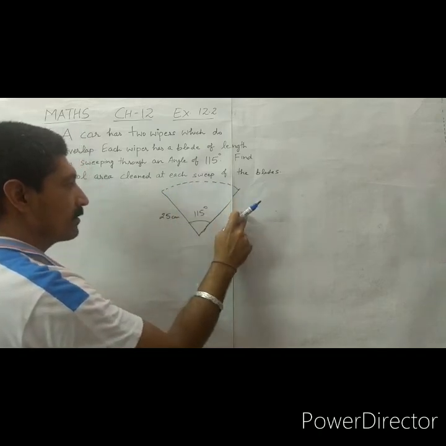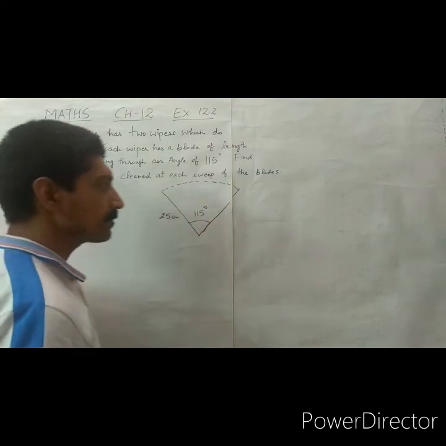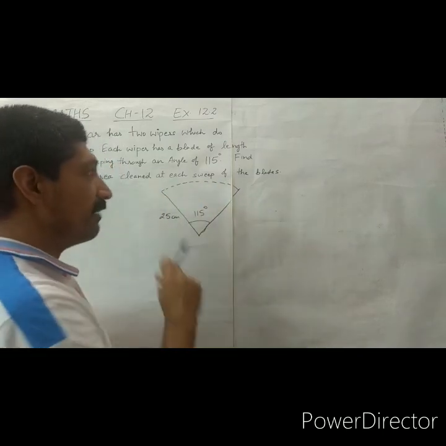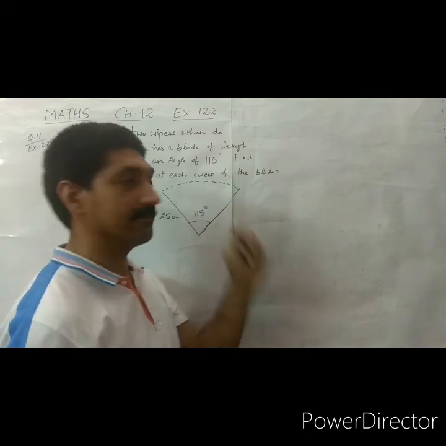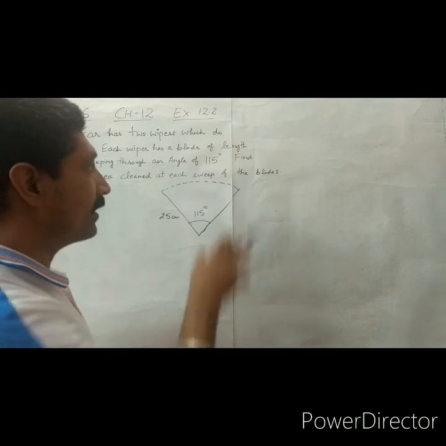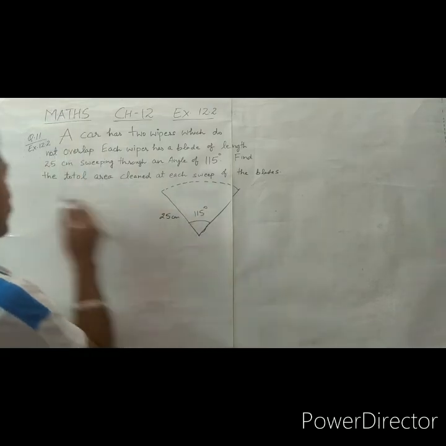We have two blades, two wipers. So the area will be twice of this sector because we have two blades. So how to find the area? Solution.